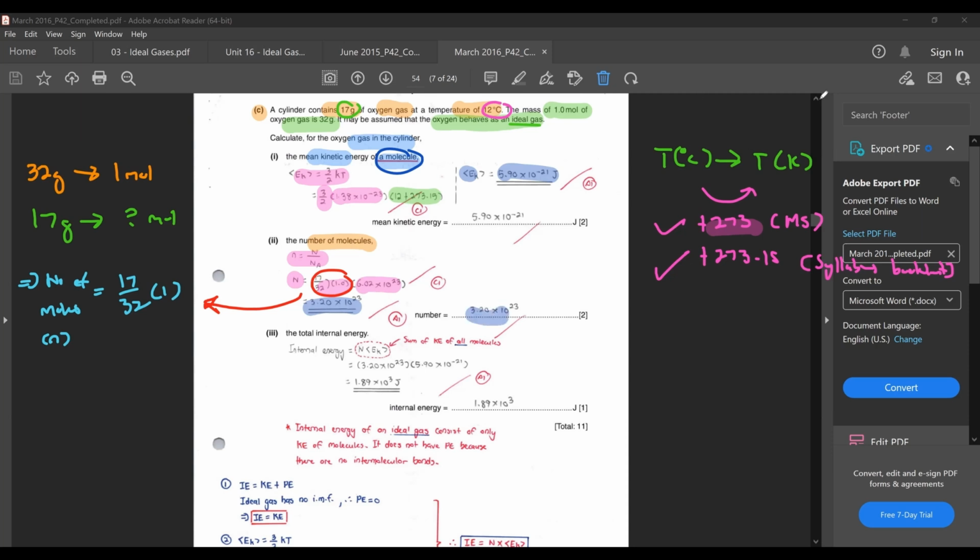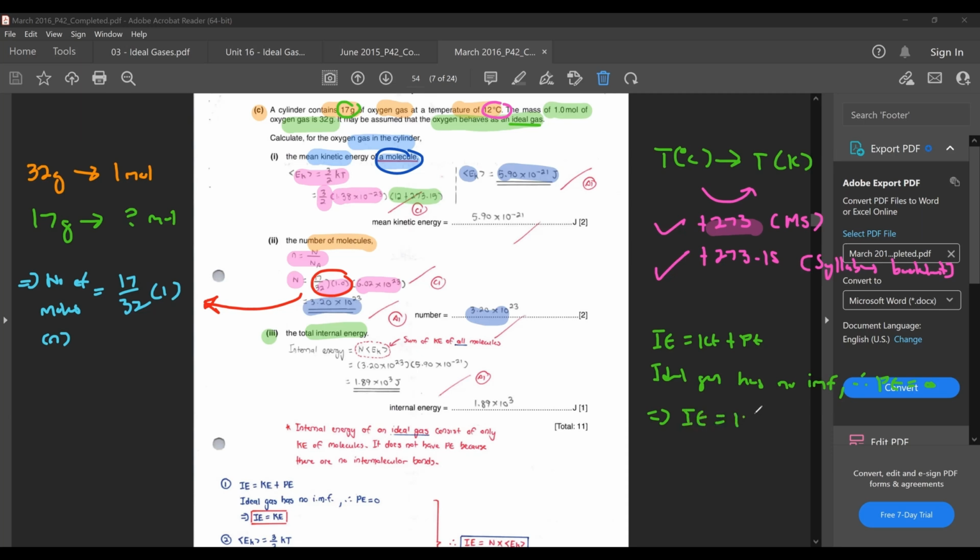And the last question here is asking you about total internal energy, right? So just now we already said that IE is KE plus PE. An ideal gas has no IMF, no intermolecular force, therefore PE is 0. So IE is just KE. Okay.